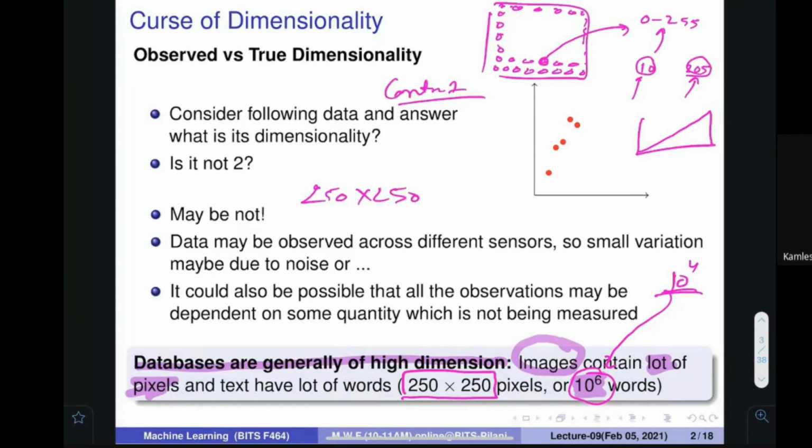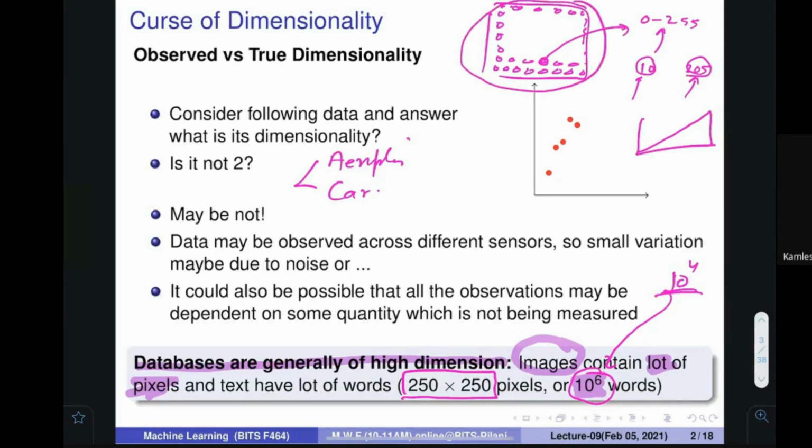What I wanted to tell is that if an image is given to you for the purpose of classification, the question could be: can you tell me whether in this image there is an aeroplane or a car? Let's assume that this is the question. This complete image is representing 0 or 1, whether there is an aeroplane or not.